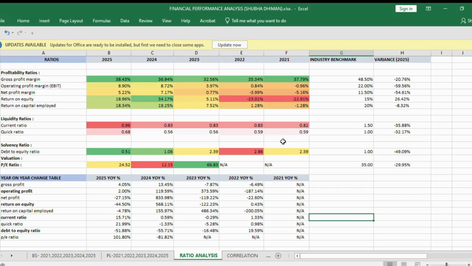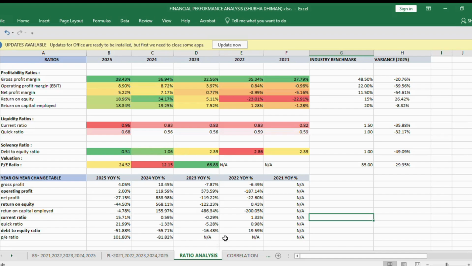Even though the company successfully reduced its debt to equity ratio from 2.39 to 0.15, the low liquidity remains a constant red flag for cash flow risk.